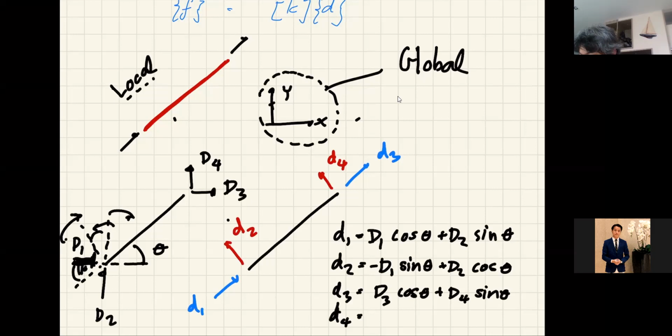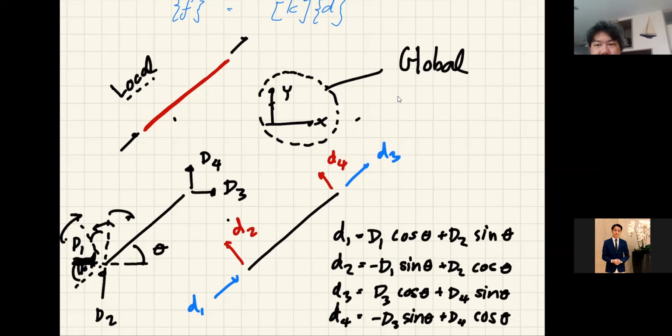And then D4 is minus D3 sine theta, in the same form as D2, plus D4 cosine theta. Okay, now I can write this in matrix terms as well.